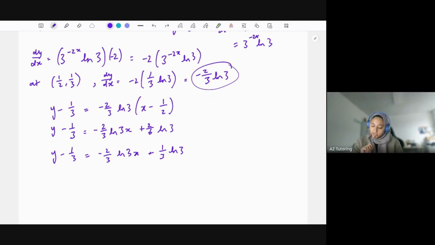I'll probably get rid of the thirds, to be fair, but in the exam they'll tell you what form they want it in. I'm just going to get rid of the 3 on the bottom, so I'm going to times the whole equation by 3. We'll get 3y minus 1 equals minus 2 ln 3x plus 1 ln 3, which is just ln 3. So just times the whole equation by 3 to get rid of the fractions.